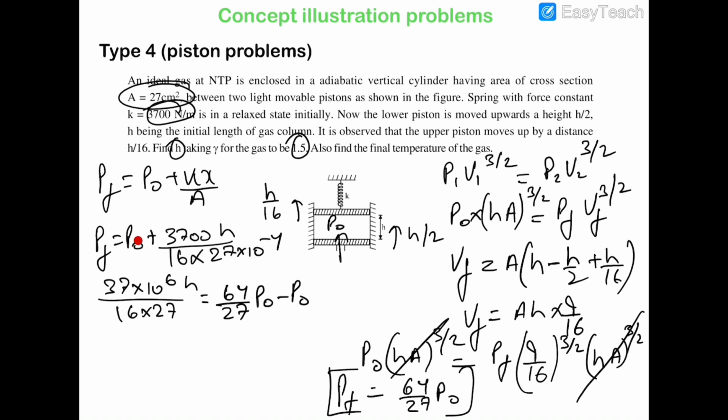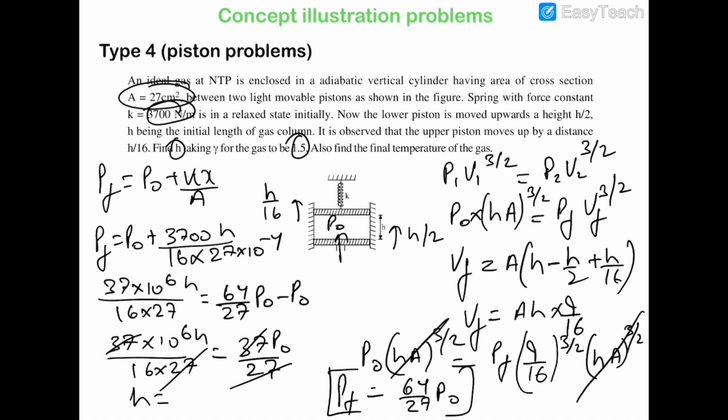We have shifted this P naught to the other side of the equal sign. So this will be 37 into 10 raised to power 6 H by 16 into 27 is equal to 37 P naught by 27. Cancelling this out, and we know that P naught is 10 to the power 5, so H will be equal to 16 by 10, so H will be equal to 1.6 meters.